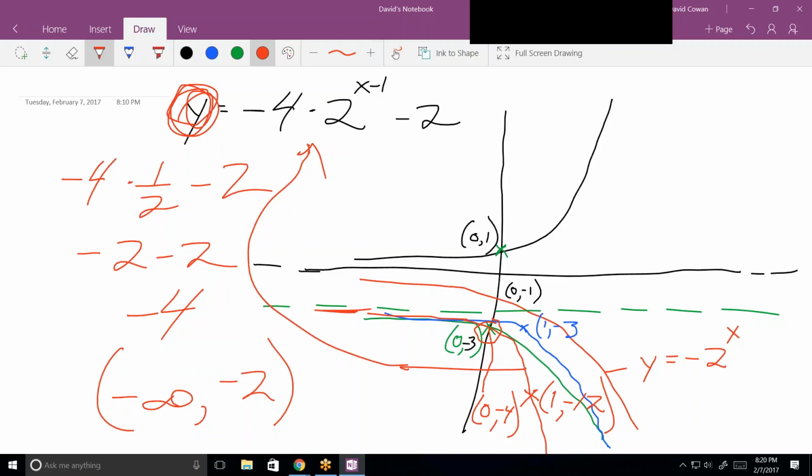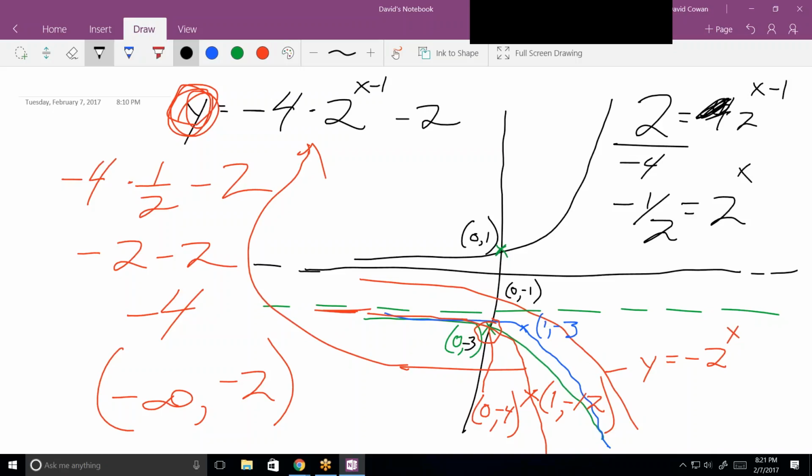Here, let me write it over here. So I'd move the 2 to the other side. So now I have 2 equals -4 times 2 to the x minus 1. Divide both sides by minus 4, and I would have minus 1/2 equals 2 to the x minus 1. Well, that is always a positive number.